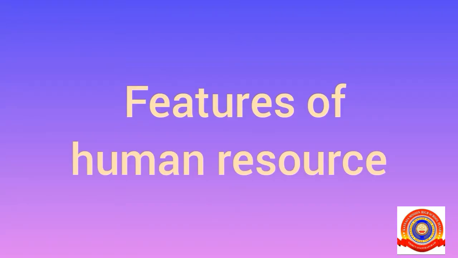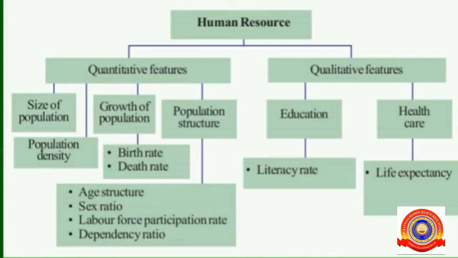Let's learn about the features of human resource. Observe the flowchart carefully. From this chart, we can understand that human resources have two features. They are quantitative features and qualitative features, right?